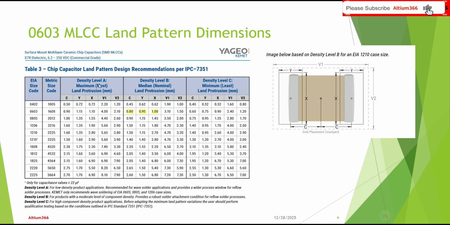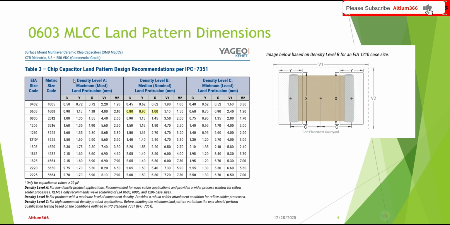That's why they are divided into 3 levels, density level A, B, and C. Density level A is for low density product applications, density level B is for moderate component density, and density level C is for high component density product applications. We are going to create the footprint for density level B.